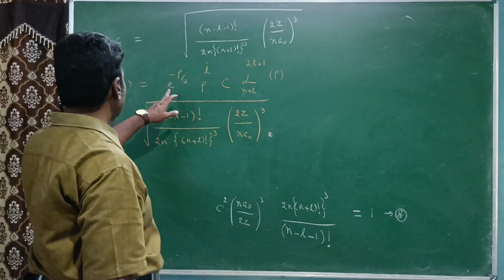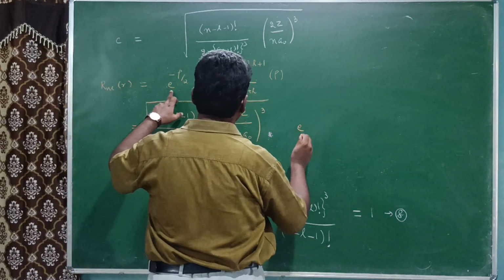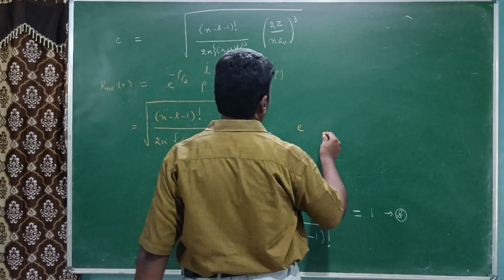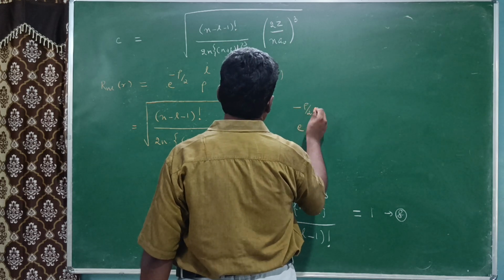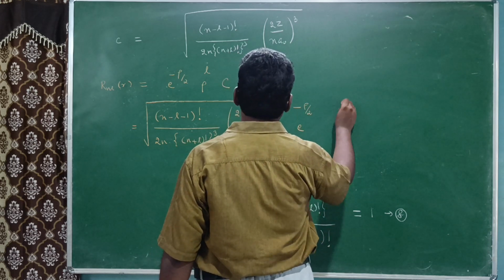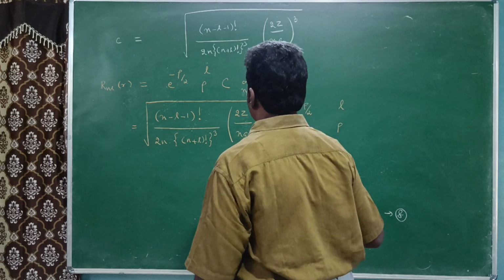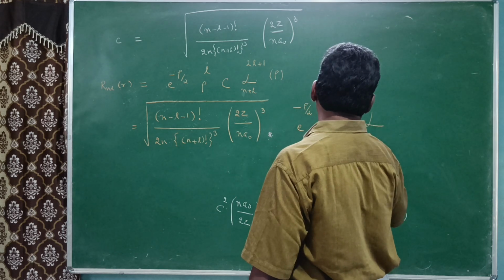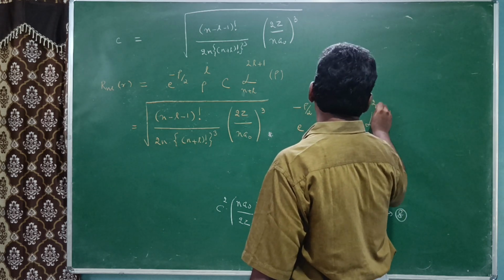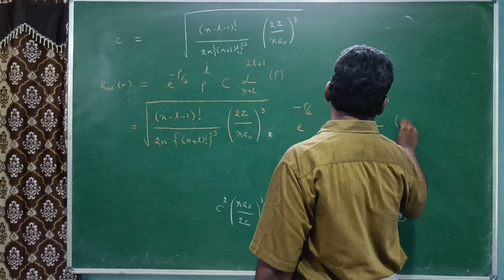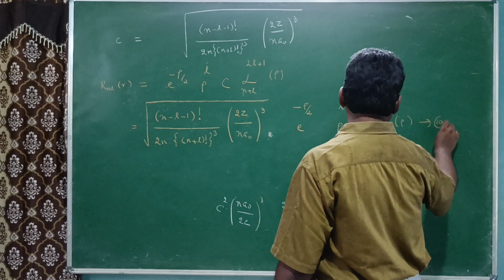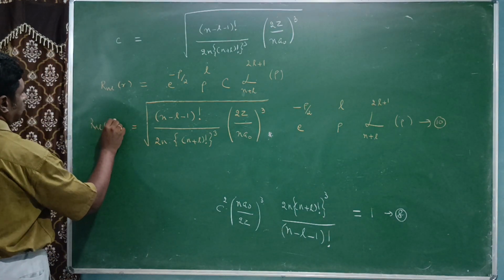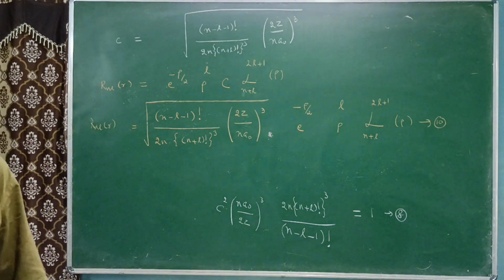This is the value of C. Then e power minus rho by 2, then rho power l, into the polynomial L of n plus l, 2l plus 1 of rho. Say this is equation number 10. This is R_nl(r). Verify this.